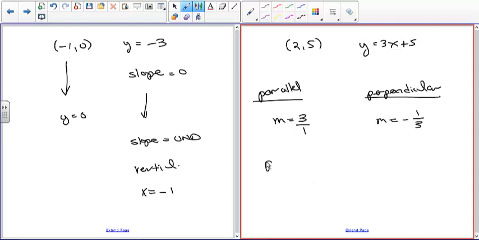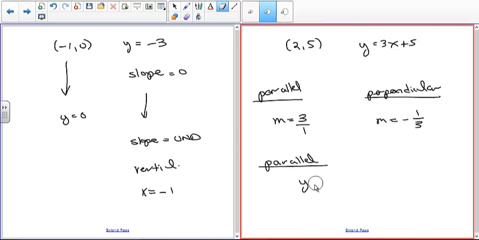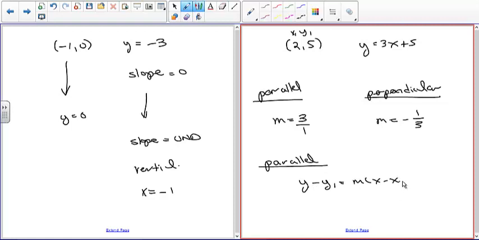So the parallel line has the same slope, but this point. So use the point slope form of linear equation. Here's x1, y1. So I'll write it out again. So we get y minus, I'm not going to put the parentheses in this time, y minus 5.